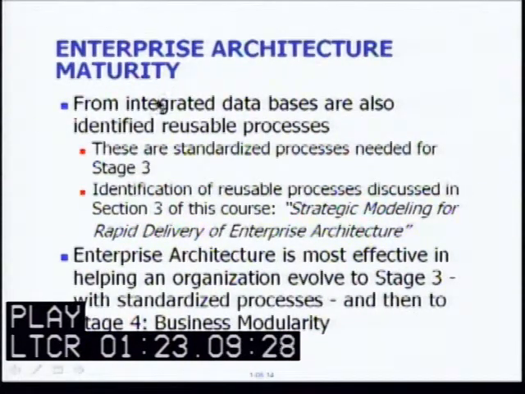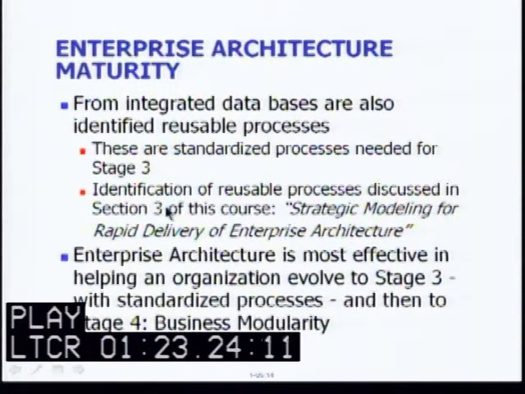As I've said here, from the integrated databases are also identified reusable processes. These, in fact, are the standardised processes that are needed for stage 3, as we saw. The identification of these reusable processes is discussed in section 3 shortly when I talk about strategic modelling for rapid delivery of enterprise architecture.